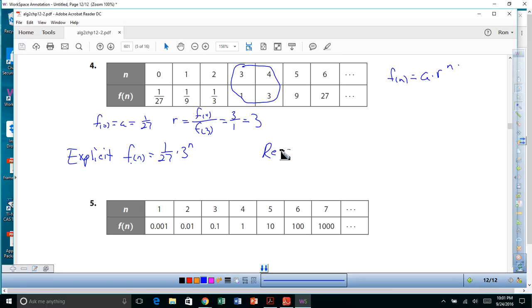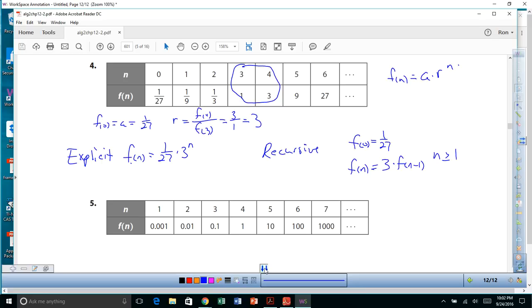Recursive, the recursive rule would be f of 0 equals 1 over 27, and f of n would be 3 times f of n minus 1, for n greater than or equal to 1.